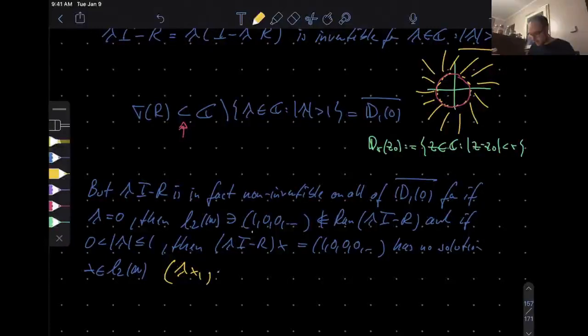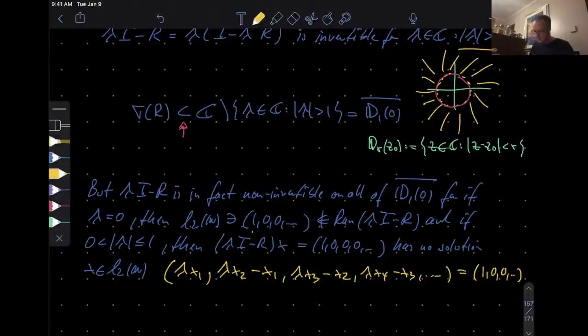Then you go to the second entry, you will have lambda x2 from the lambda identity part, and then minus Rx, and the right shift in the second entry has the first entry of x, so you will have minus x1, and then you continue. Lambda x3 minus x2, lambda x4 minus x3, and so on and so forth, and all of this equals 1, 0, 0, and like this.